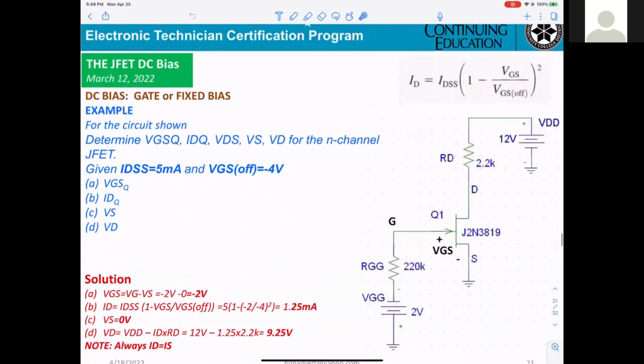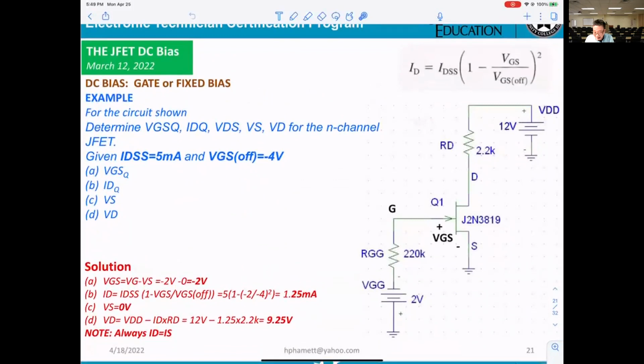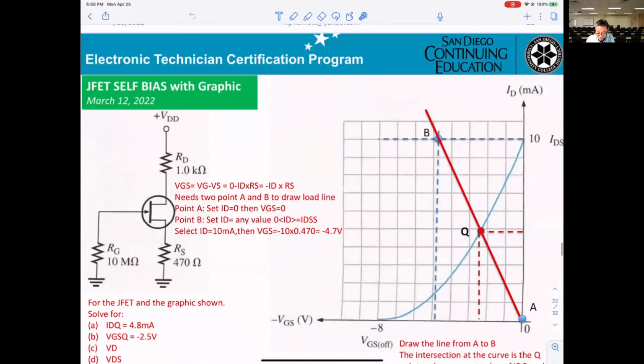Okay, now you can see that is basically for the current source. You get the time, you can read through it. I gave you an example, and I also gave you the solution. This is just normal, almost like fixed bias, but with a minor difference.